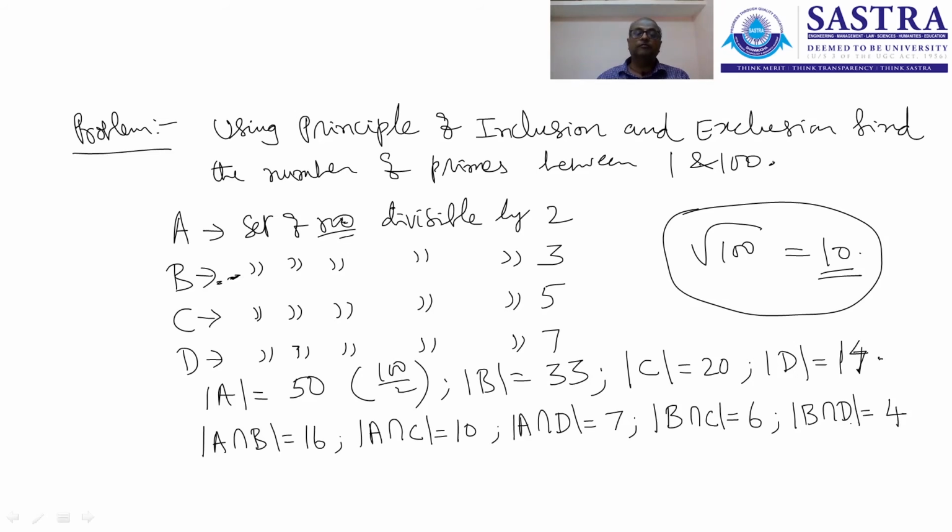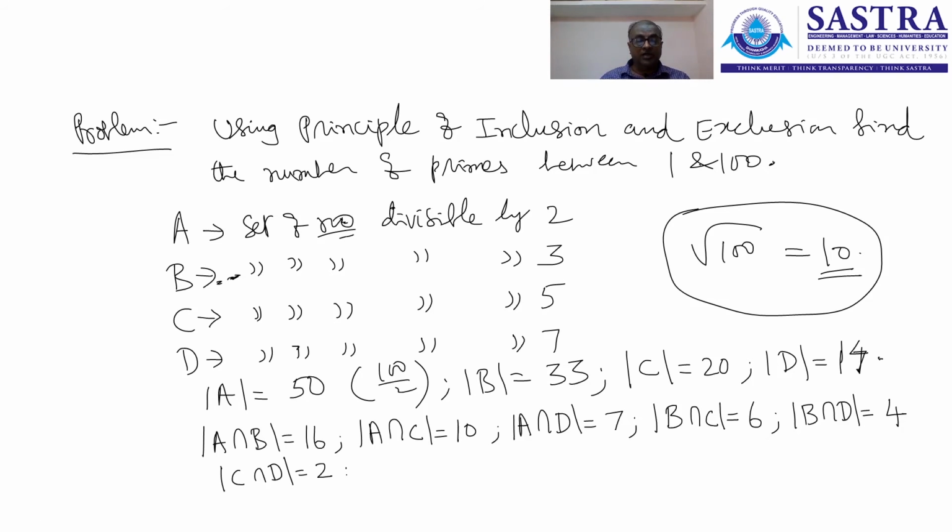Now I have exhausted B. Now I should have cardinality of C intersection D. C intersection D would be 35. So I'll have 100 by 35, which will give you quotient 2. So I have two numbers which are divisible by 5 as well as 7, which will be 35 and 70. Now I have taken all the combinations of 2 at a time from 4.